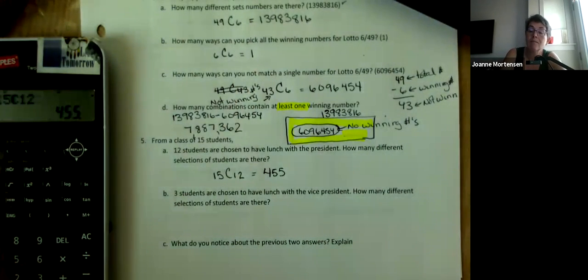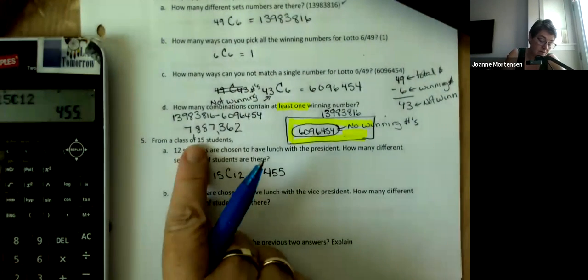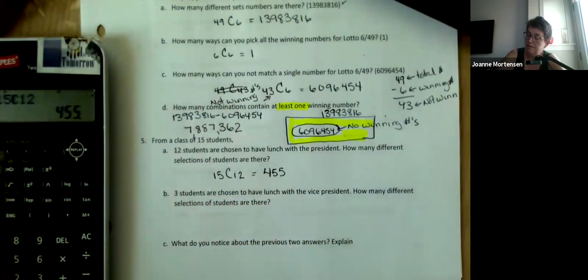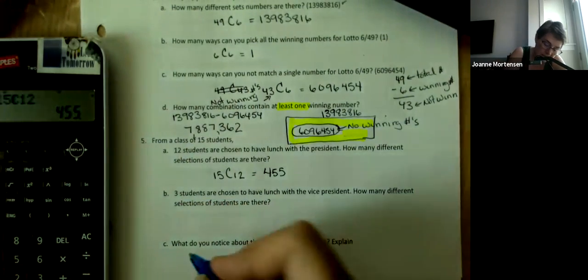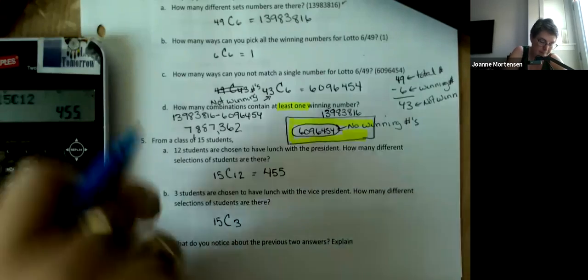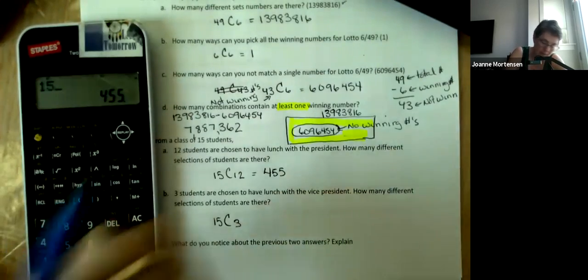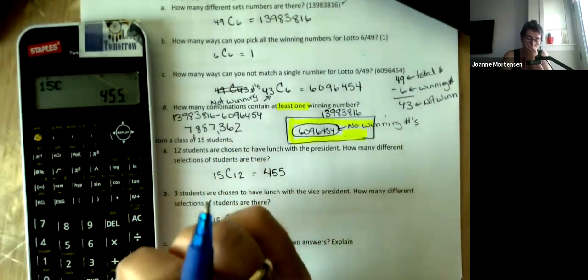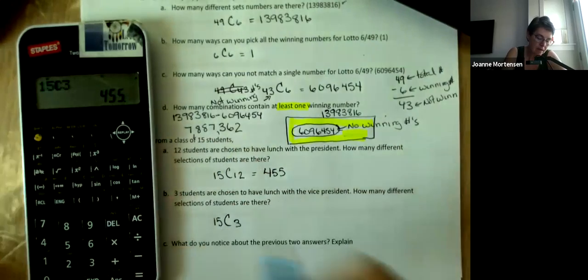Okay. Now, we're still a class of 15. 3 students are chosen to have lunch with the vice president. How many different ways can you do that? So this is 15 choose 3. Hey, look at that.